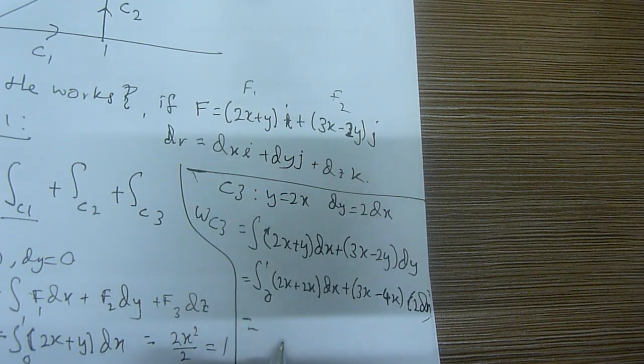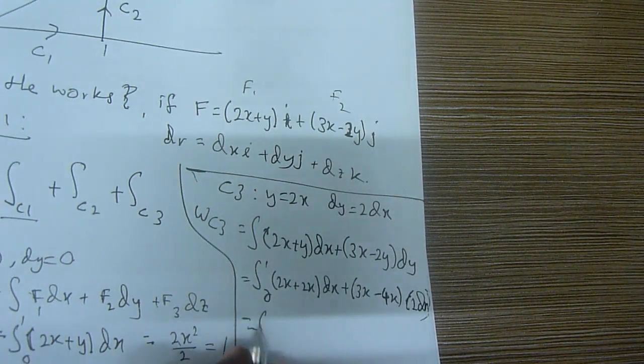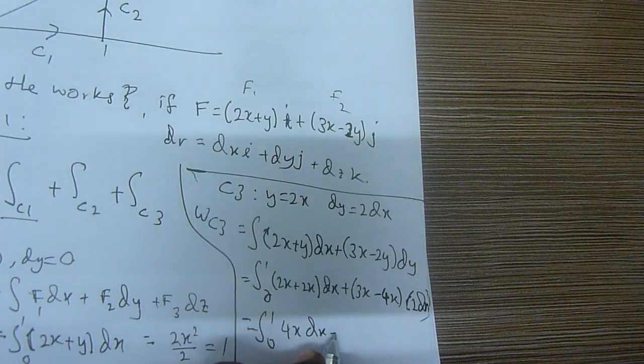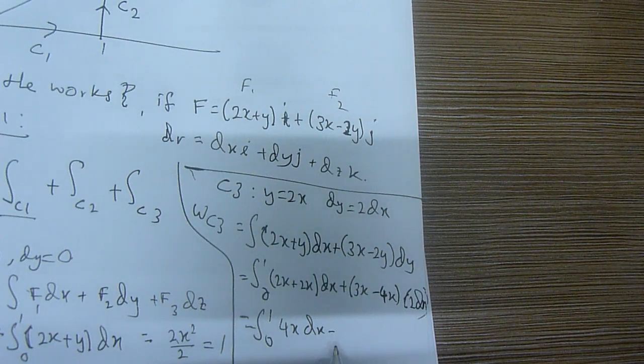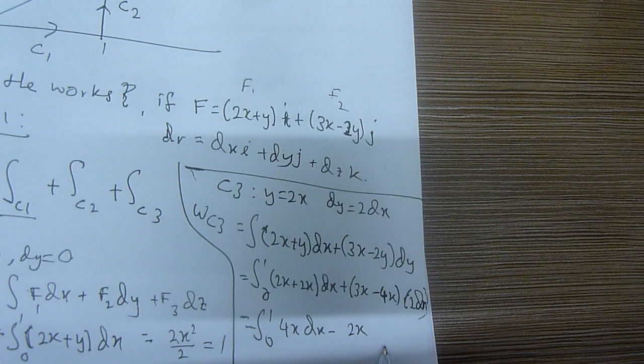Therefore what I get here is the integral from 1 to 0 of 4x dx. This one is a minus, you can solve this, 1x, therefore 2x. I hope that you can solve this part. This part is 2x times dx.